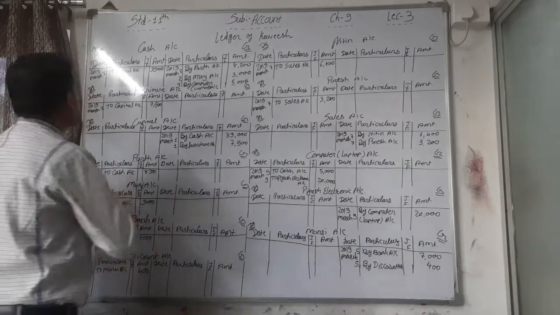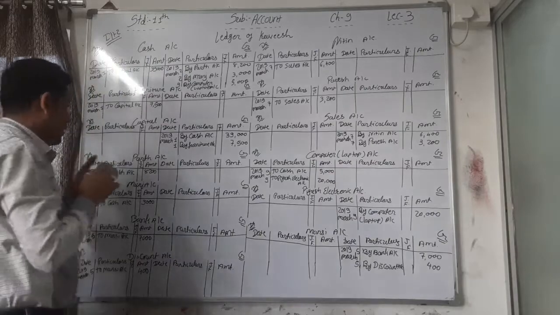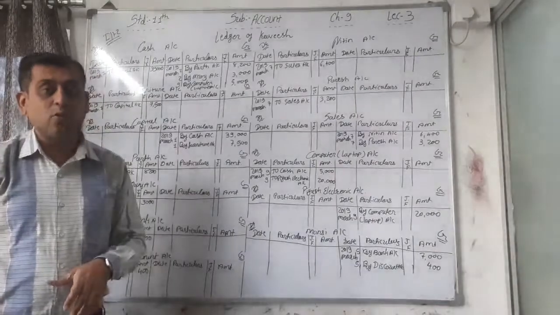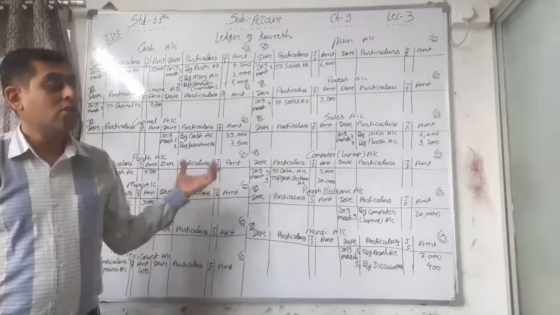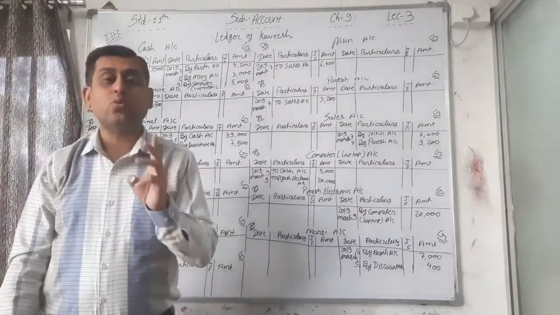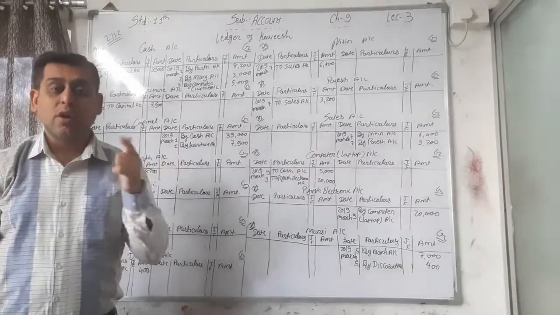See, this is your illustration number 2, and also practice this illustration 2 to 3 times in your rough book. This one you have to write down in your example book, and you should practice it at least 2 times in your rough book.